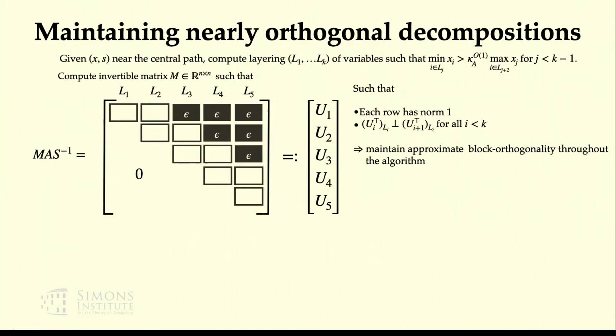The important bit is that the IPM performs projections onto this matrix. And if you have orthogonal rows or block orthogonal rows, then your projections become much, much cheaper. Projection onto orthogonal matrices is trivial. If they're block orthogonal, the cost is proportional to the size of the blocks. So that makes the iterations much, much cheaper.